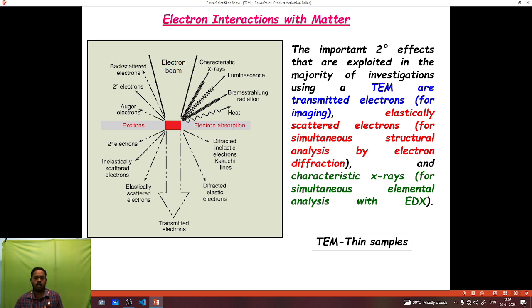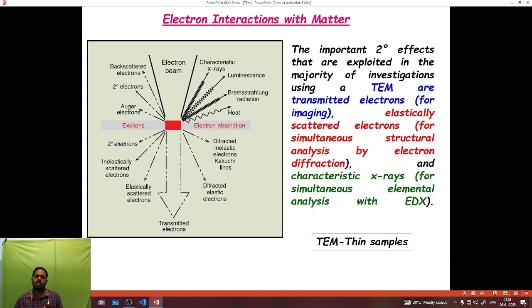As I said earlier, backscattered electrons and secondary electrons are the major components for scanning electron microscopy. They are the responsible factors for creating the image on the screen. But in transmission electron microscopic analysis, the main electron is the transmitted electron. The electron beam produces high energy, fast moving electrons.